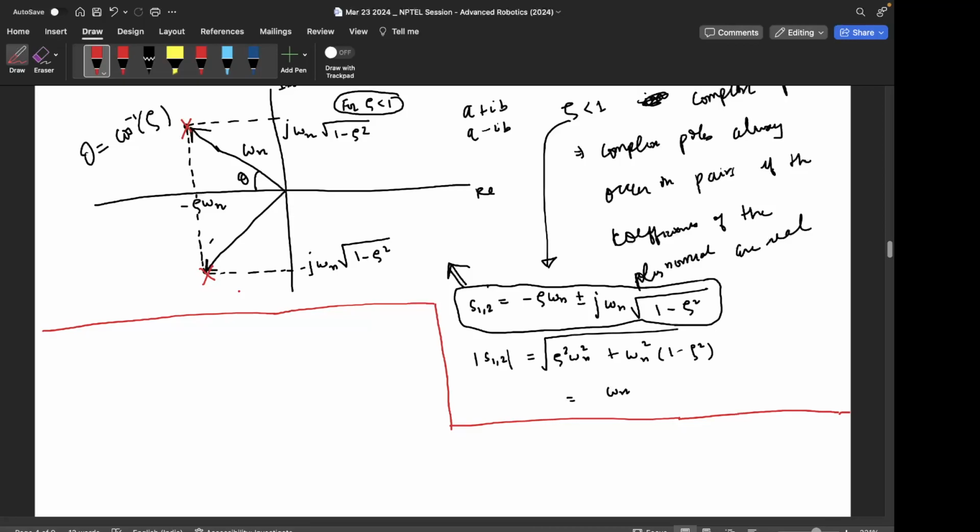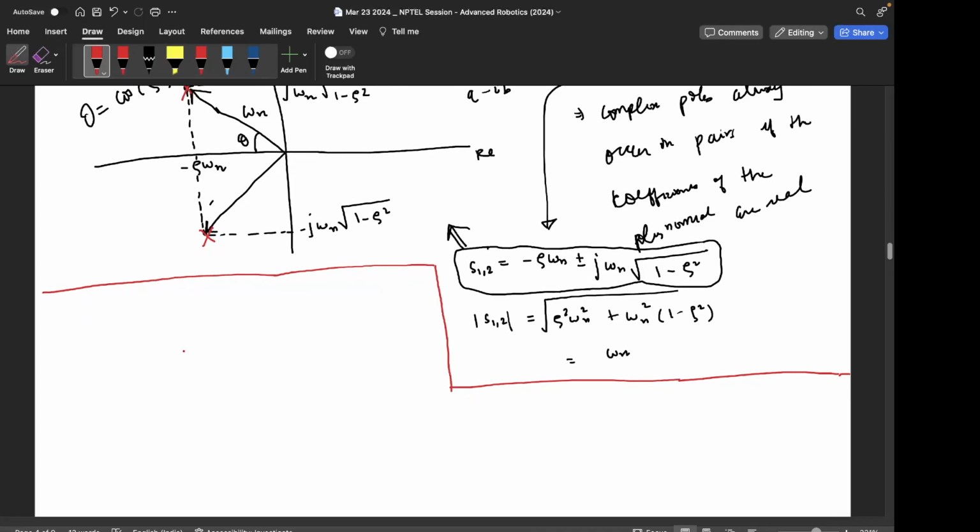To find it, we transformed from the time domain to the frequency domain, found the characteristic equation, and then found the poles. The thing is that if the real part is negative, then there is an exponentially decaying component in the solution.